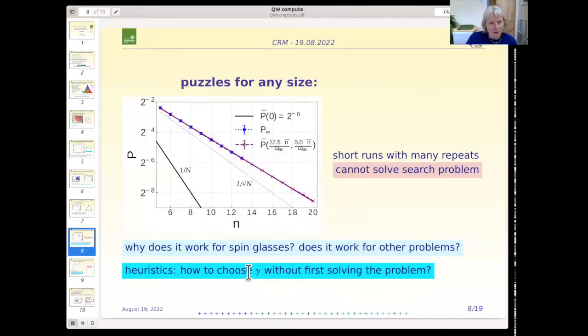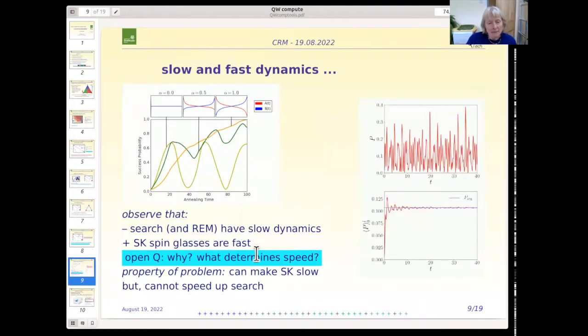So on the first of these questions, why does it work for spin glasses but not for search? I can offer you the observation that it's got something to do with how fast the dynamics are when you run the quantum walk. So search and the random energy problem, the model that I contrasted with the spin glasses in the previous lecture, they both have slow dynamics.